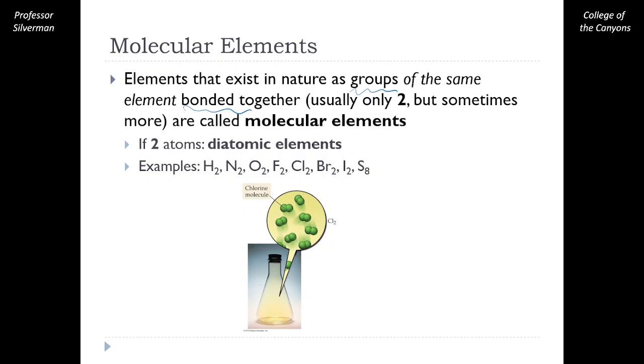This is most often two atoms bonded together, but there are other examples as well. It'd be a good thing to do to remember these diatomic molecules, these elements that show up as exactly two atoms bonded together.